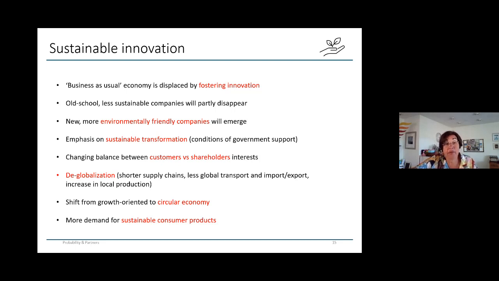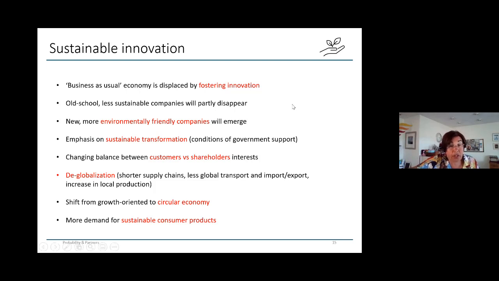At the same time, there is a changing balance between customer versus shareholder interests, deglobalization, shorter supply chains, less global transport and import and export, increase in local production, which refers back to the local interest in buying and staying local. And then the shift from growth-oriented to circular economy, as well as demand for more sustainable consumer products.